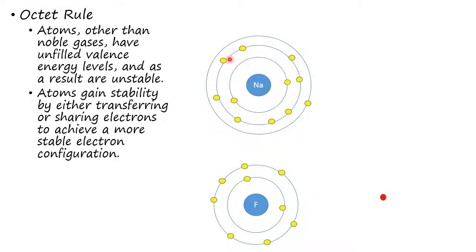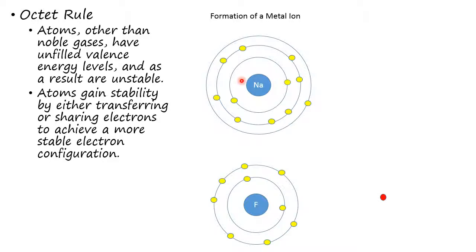Sodium currently has only 1 electron in its outer energy level, and fluorine currently has 7. Atoms gain stability by either transferring or sharing electrons to achieve a more stable electron configuration. If you look at the formation of a metal ion, the sodium ion in particular, sodium has to either gain 7 more electrons in its outer energy level to obtain a stable 8 electron configuration, or it has to lose 1.